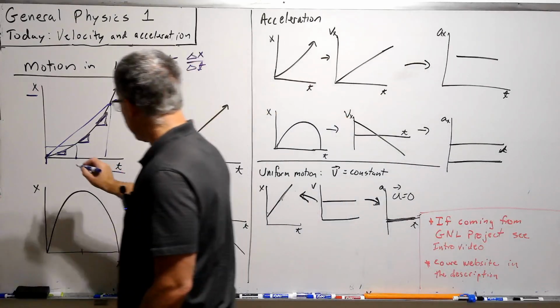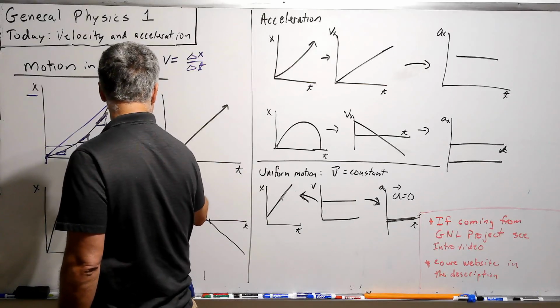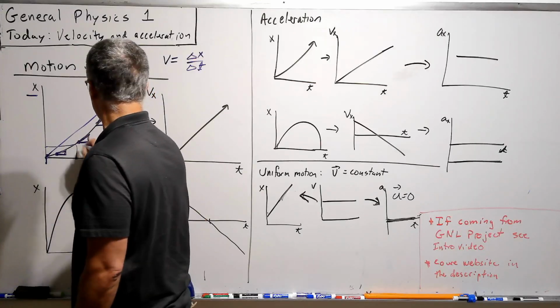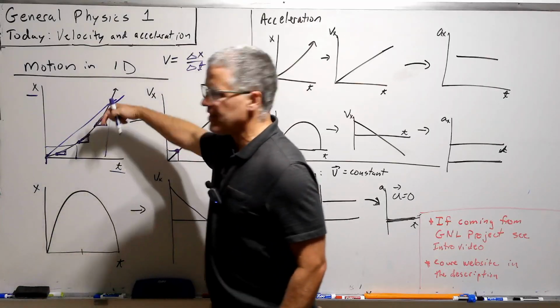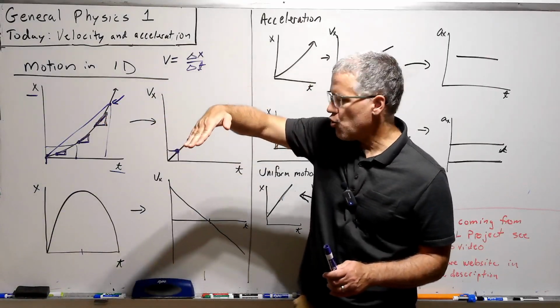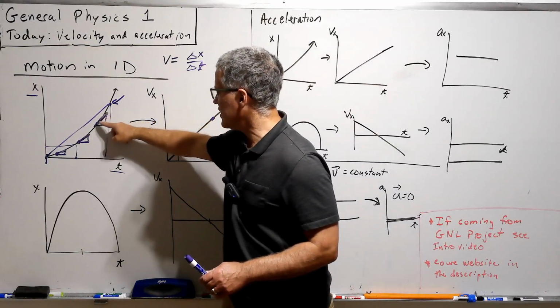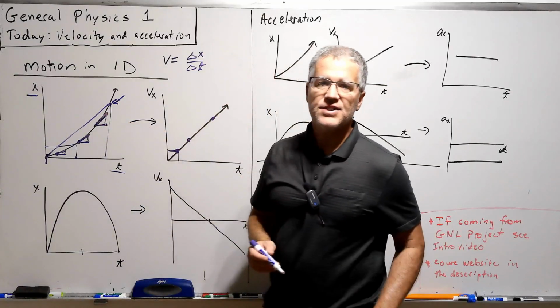So this particular spot has a low velocity, so we plot that point there. So this point gets plotted here, this point gets plotted here, this point gets plotted here, and we can see that the slope of that line that's connecting these two, delta x over delta t, the slope of that line is getting steeper.